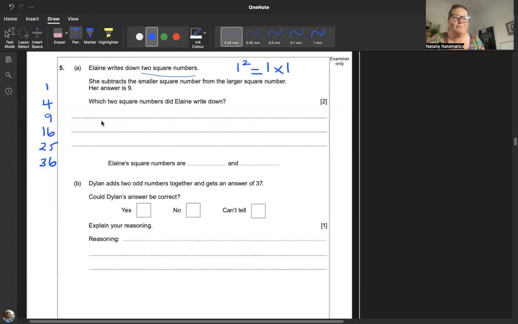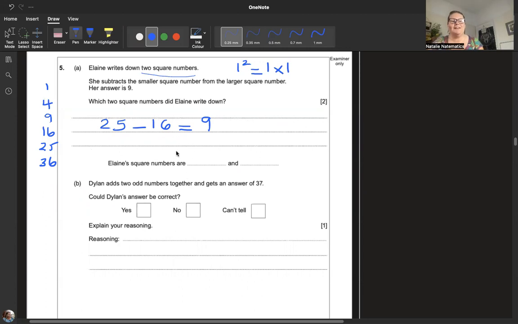So I'm going to give you an example. 25 take away 16. Well, that answer is 9. So have your list of numbers, just look at them and say, well, which have a difference between them of 9? Well, that's nearly 10, isn't it? So which 2 numbers have got a difference of almost 9? 25 and 36 is almost, but it's not, it's 11.